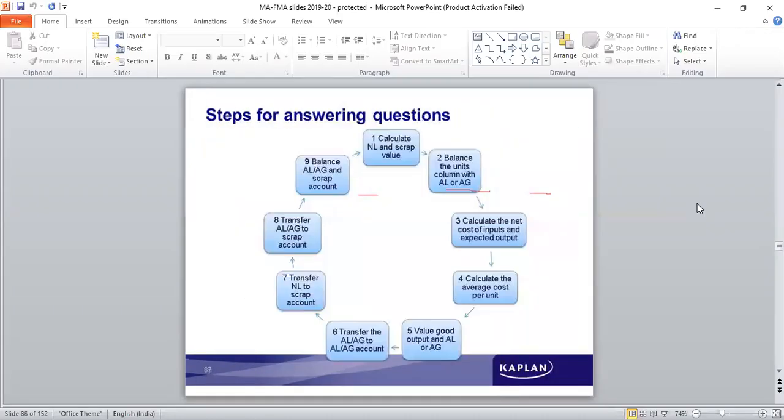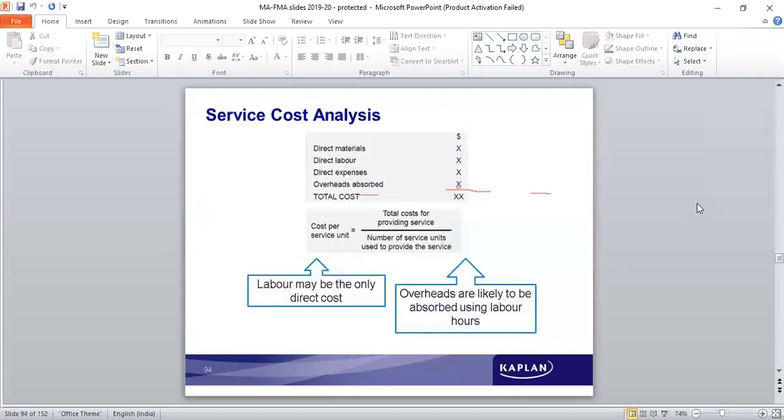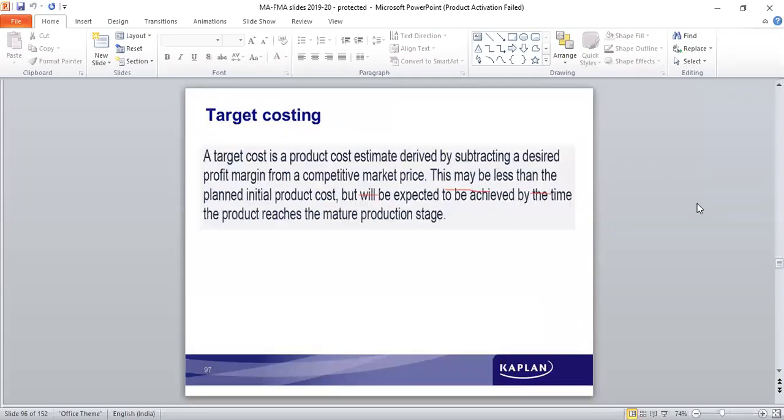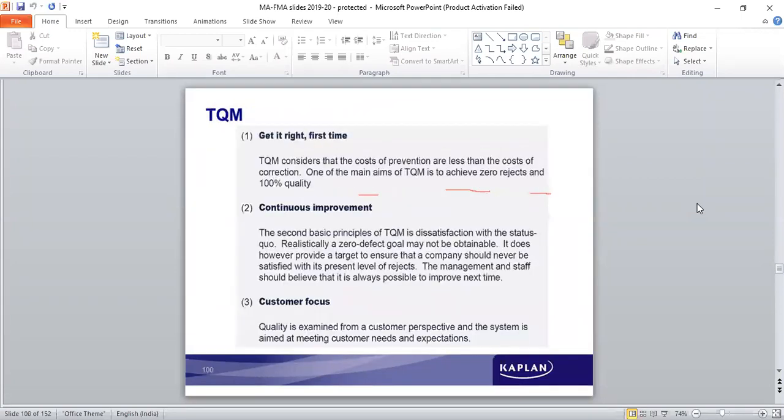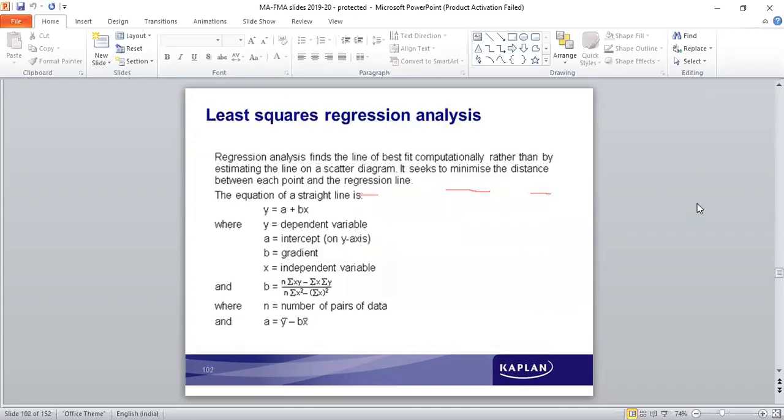After process costing, we will learn about service and operating costing. Then activity-based costing, of which I will explain only the basics. Then certain other theories in the manufacturing environment, that is TQM and others.